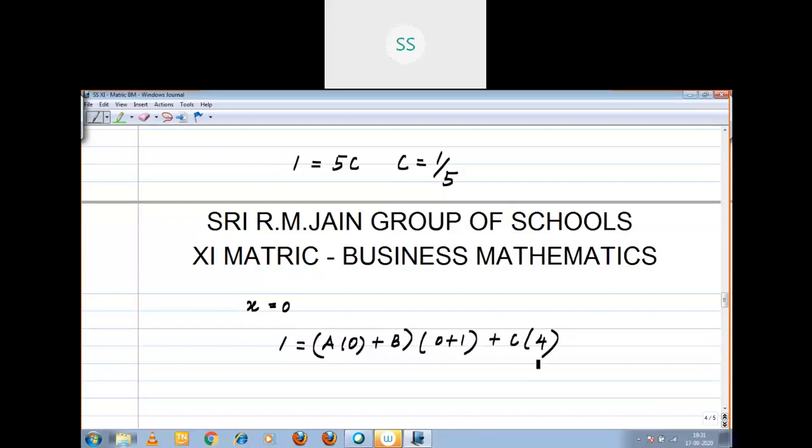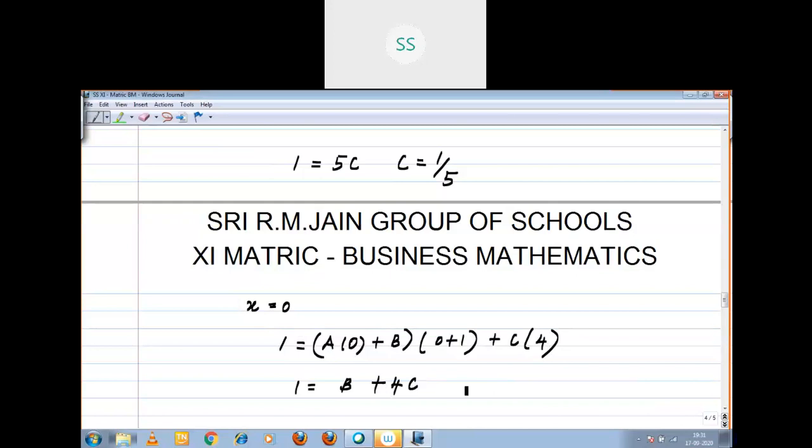C into 4. Now a is vanished. 1 equals b plus 4c.